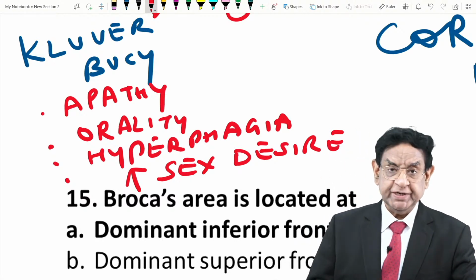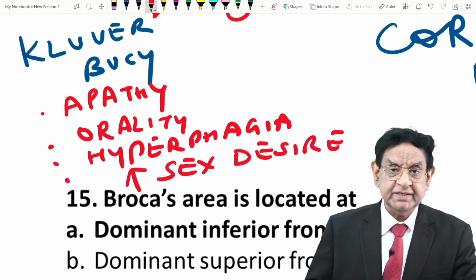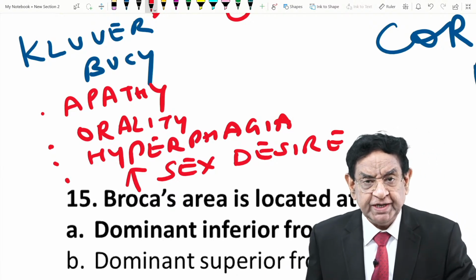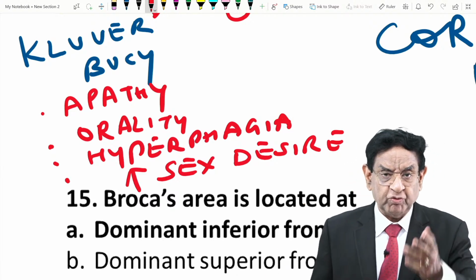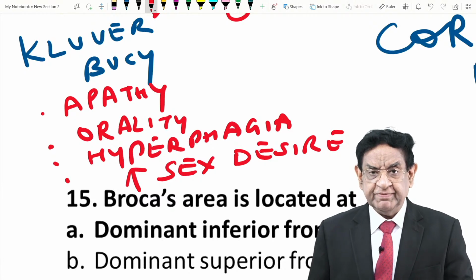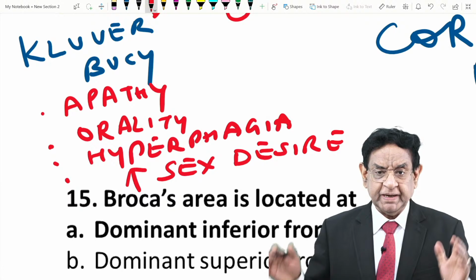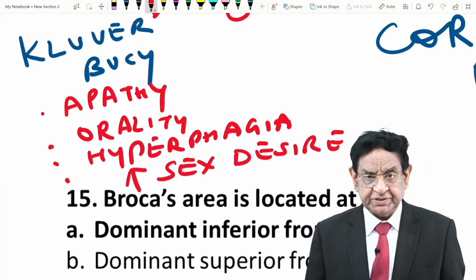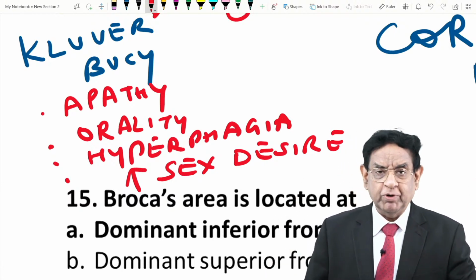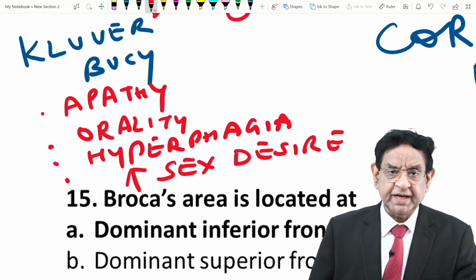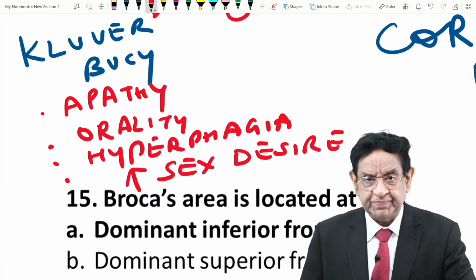Well, let me give you a day-to-day example. Suppose there's a young patient of 20 or 25 years admitted in your ward, and the history is that he had a roadside accident, and the MRI shows bilateral temporal lobe injury. So you go in the morning on rounds and you say, "Kya haal hai iska? How is he?"